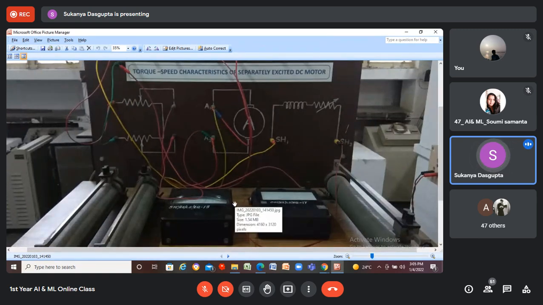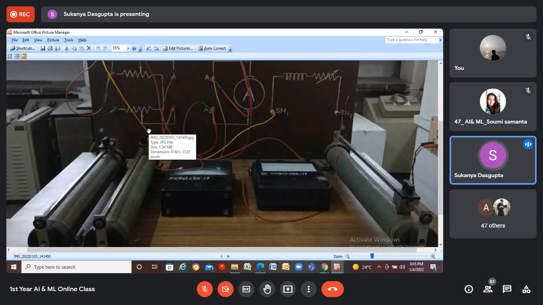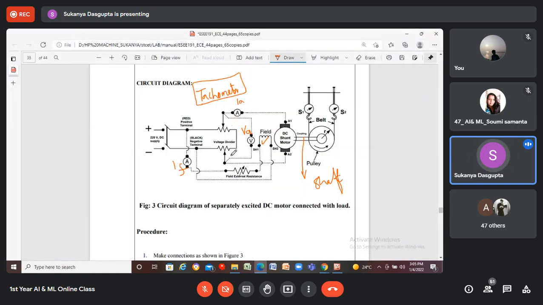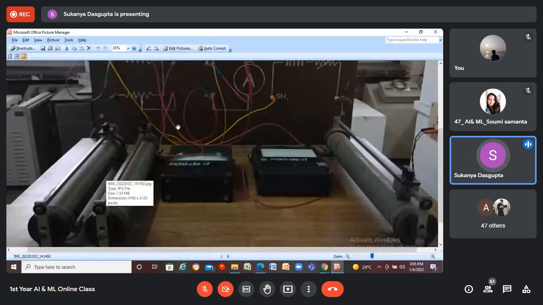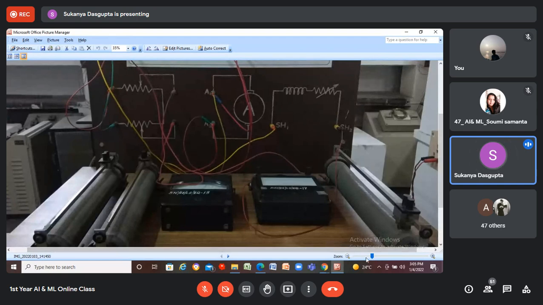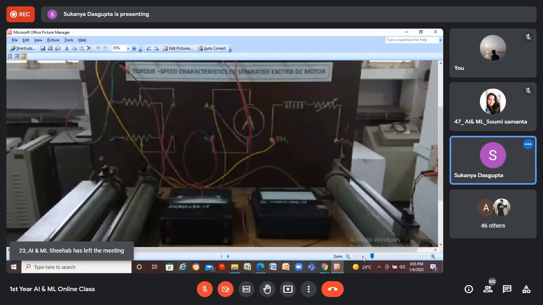And these two armature terminals are actually connected with these potential dividers, rheostats.